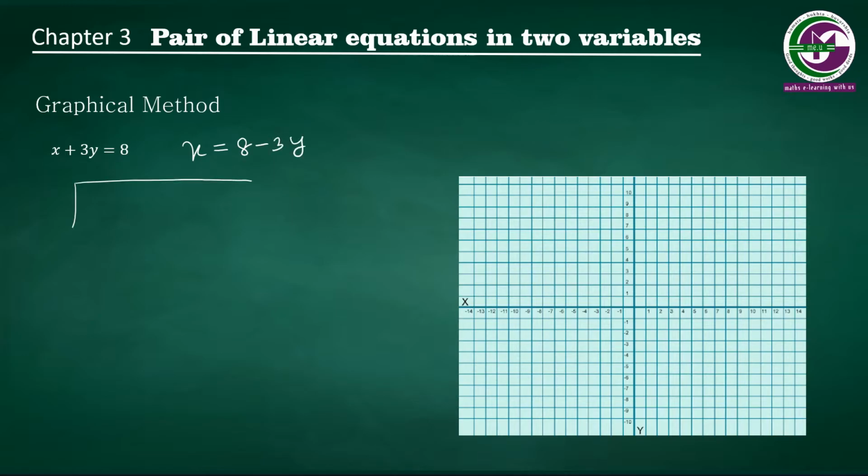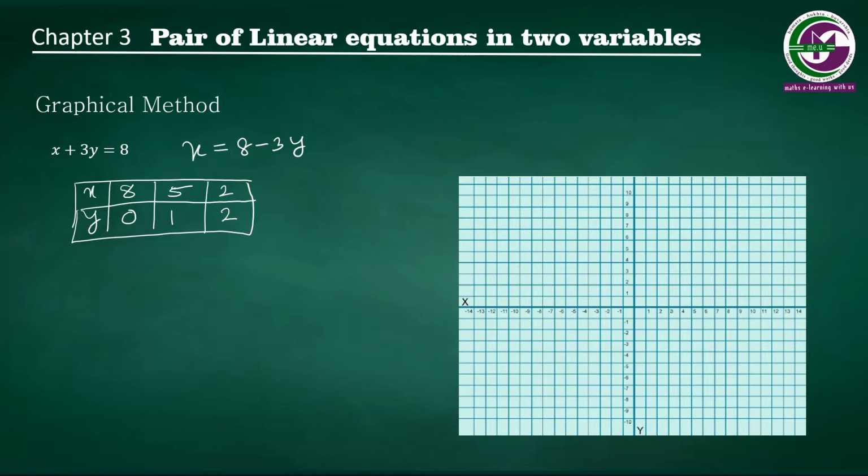Now I'll draw a box x, y. I will substitute values for y so that I get the values of x. Substituting y equals 0, x is 8. Substituting y equals 1, x equals 5. Substituting y equals 2, x equals 2. Now I got three pairs of solutions, three solution sets.